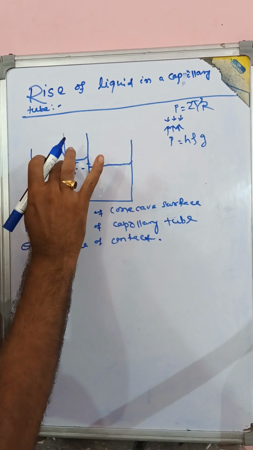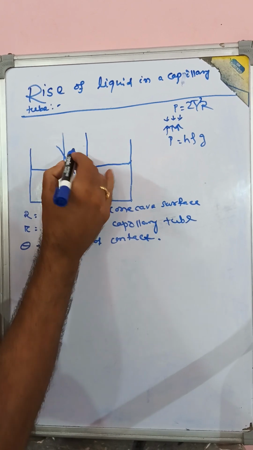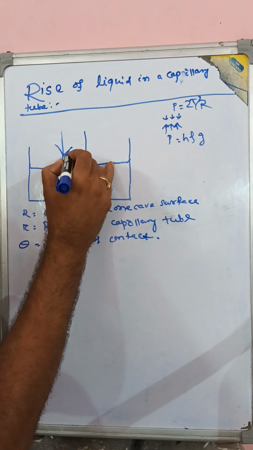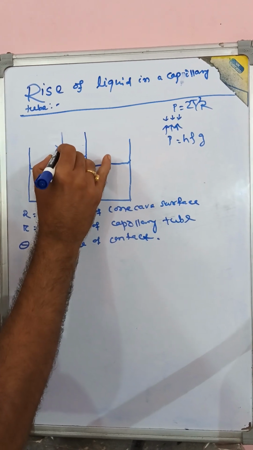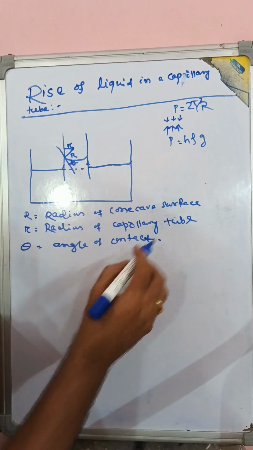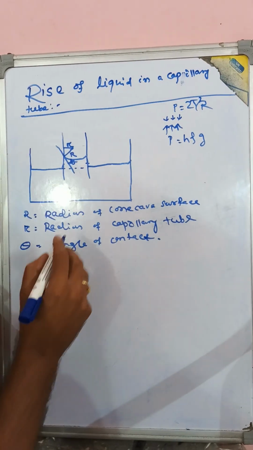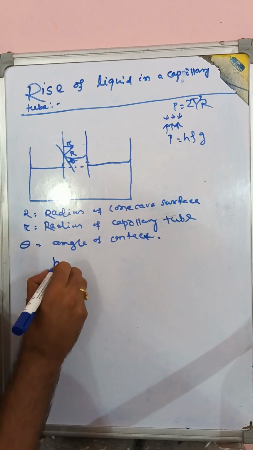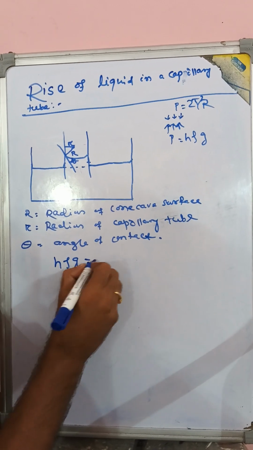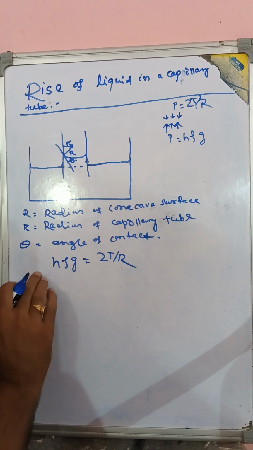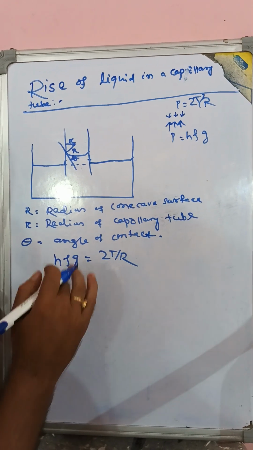We consider this point, radius capital R, and the radius of the capillary tube, small r. Then h rho g is equal to 2T by R.